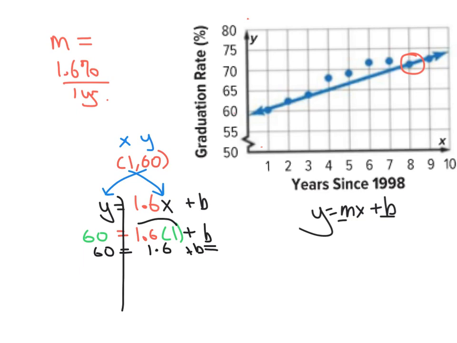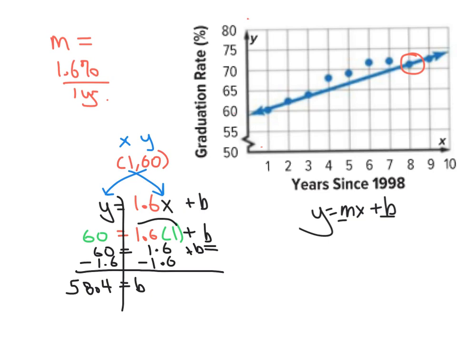Now my last step to solve for B is that I will just subtract 1.6 from each side. And what I would get is 58.4 equals B. And what does that mean about where I begin?